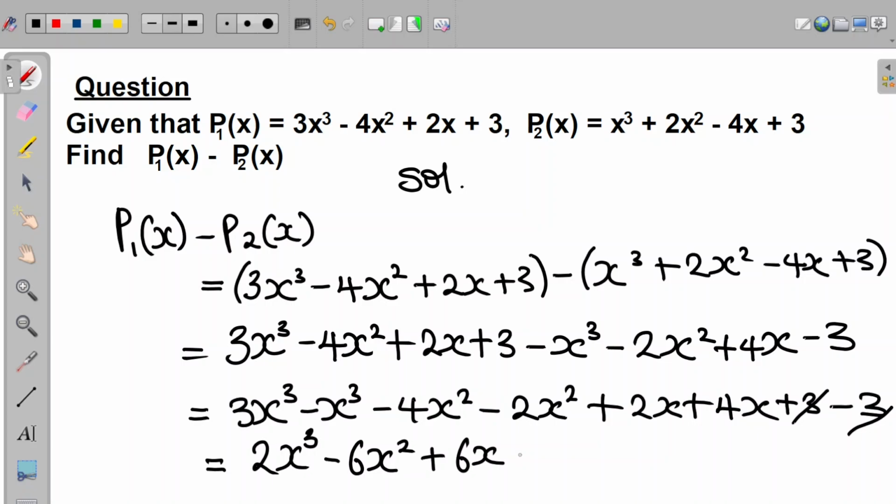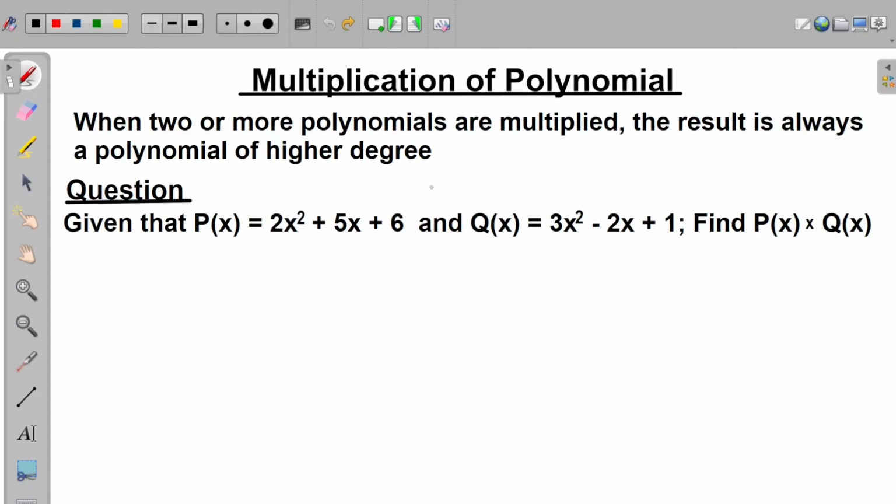Now, let us dive into multiplication of polynomials. So now, let's discuss multiplication of polynomials. When two polynomials or more are multiplied, the result is always a polynomial of a higher degree.